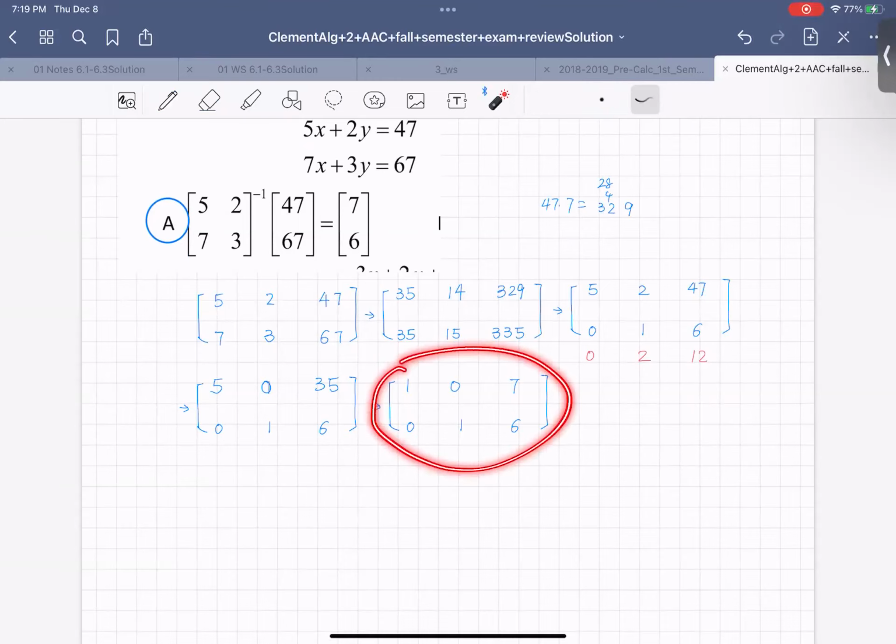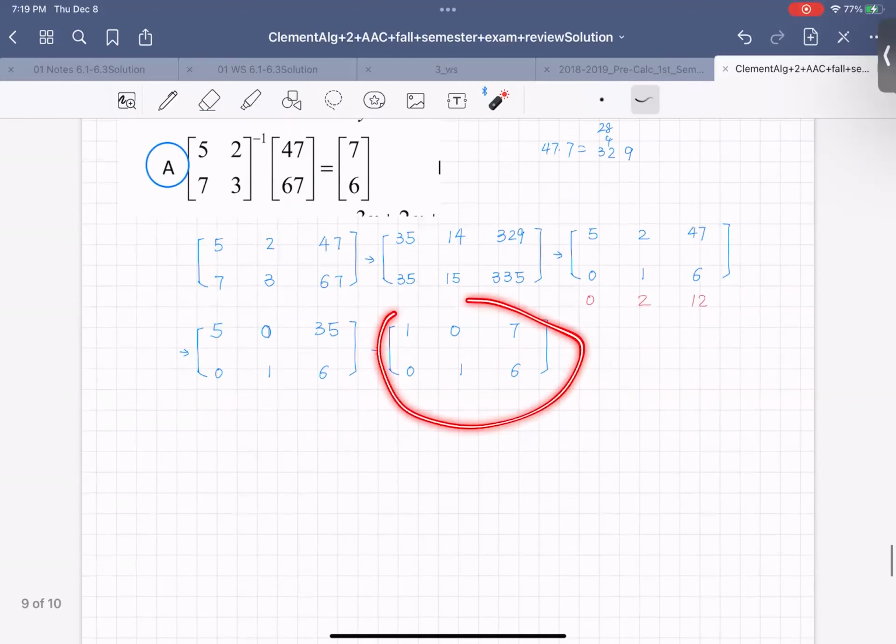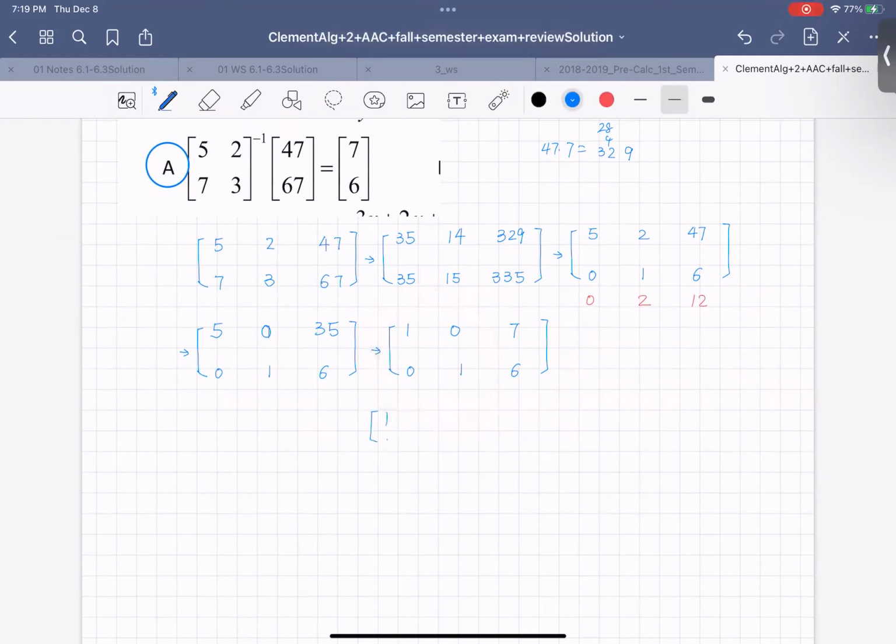So when we have this one, this means when you have that part is 1, 0, 0, 1, this means this guy times xy equals this constant column.